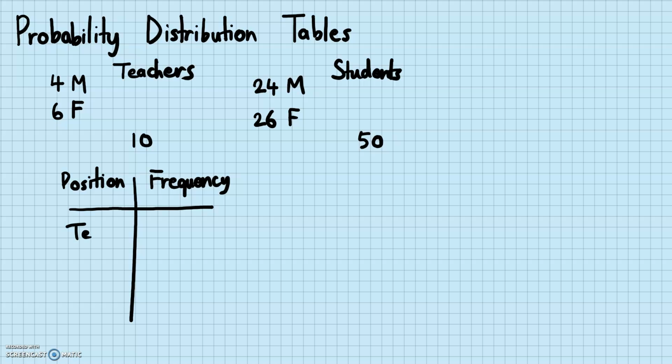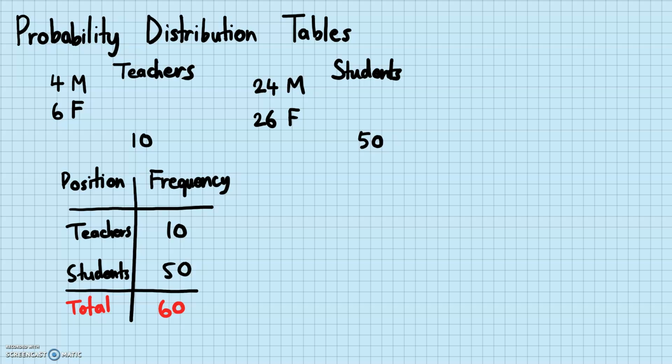There are 10 teachers, and we have 50 students. Then we had the total, which was 60 people. So this gives us the frequency. This tells us how many of the people at the school are teachers and how many are students.